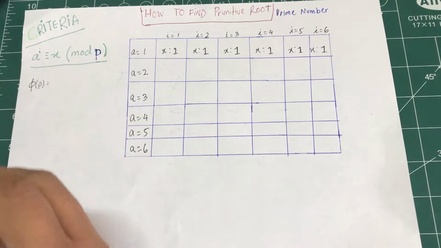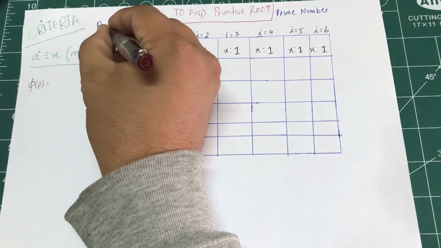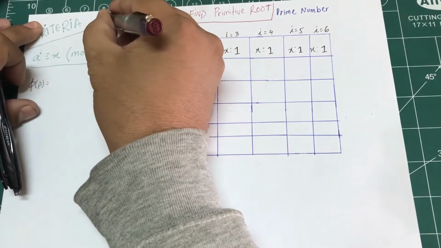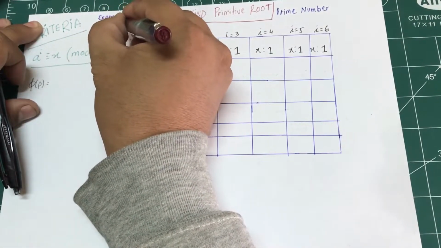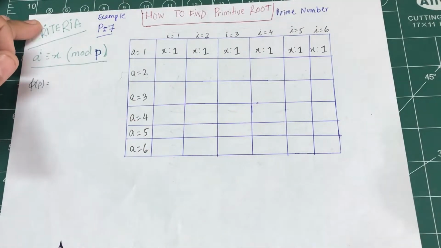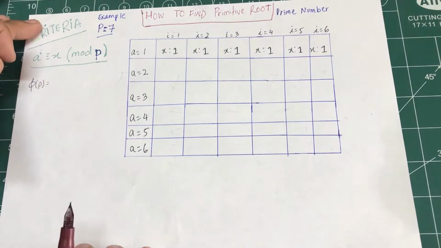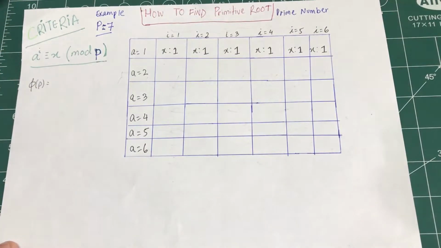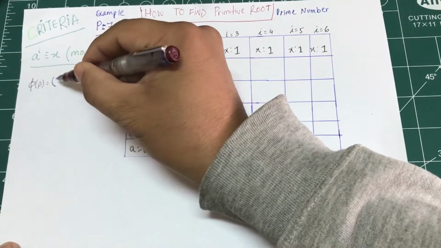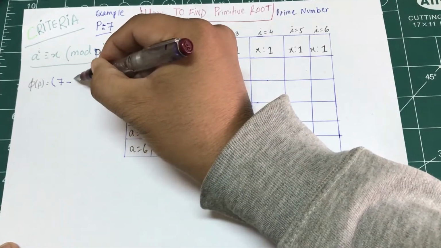So let's say I have a prime equal to 7. Here's our example: our prime is 7, and we want to find the primitive roots of 7. The Euler totient function for a prime number is 7 minus 1.